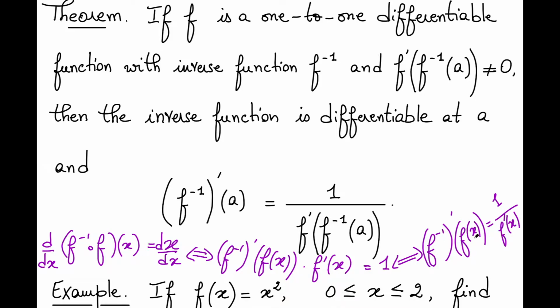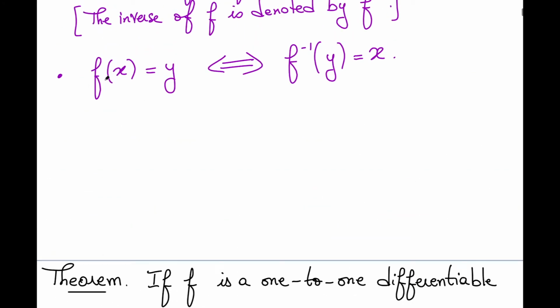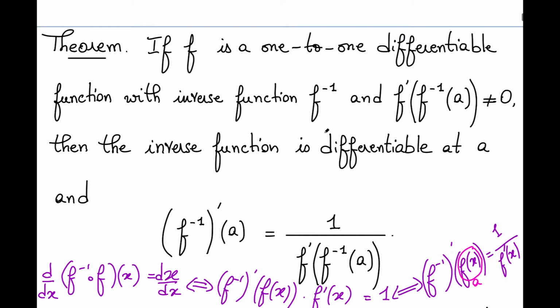And now if you call f of x a number a, so what's x? If f of x is y, then x is f inverse of y, right? So if f of x is called a, then f inverse of a is going to be x, right?